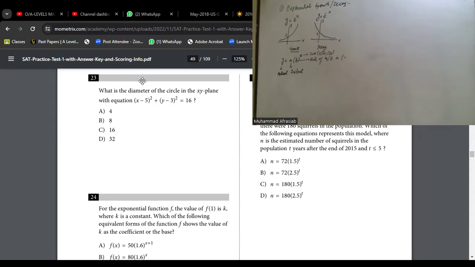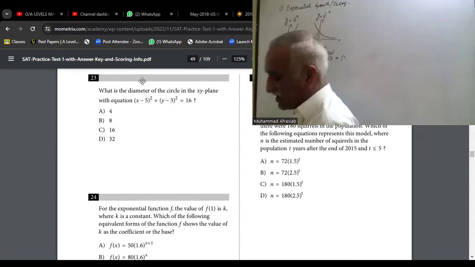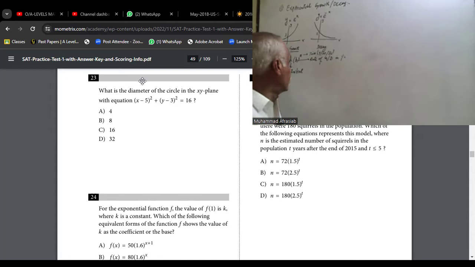We know that for every population, there is the estimated growth and decay from this formula, as we have mentioned on the board. It is y equals a times b power x, where a is the initial value, b is the rate of growth or decay, and x is the time. So for this, let the population be P, where a is the initial value and b is 150% more.